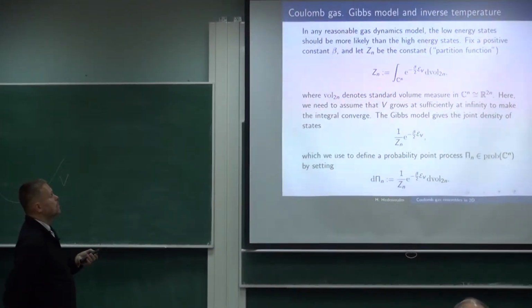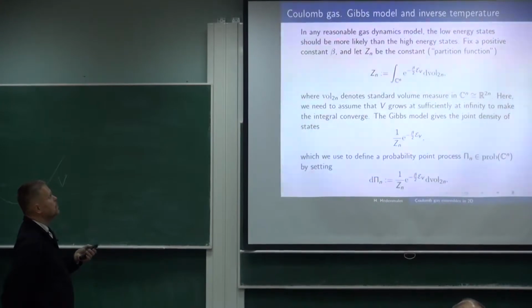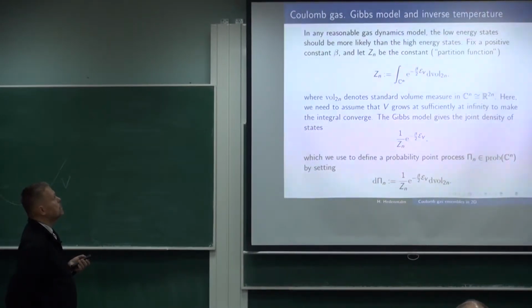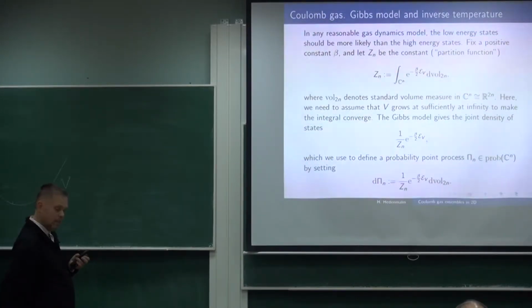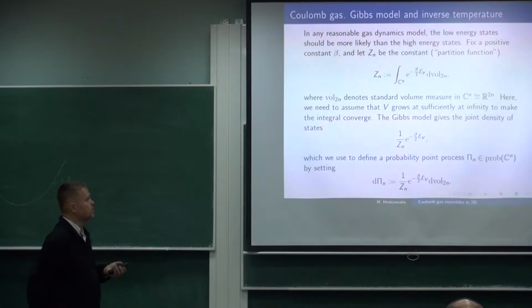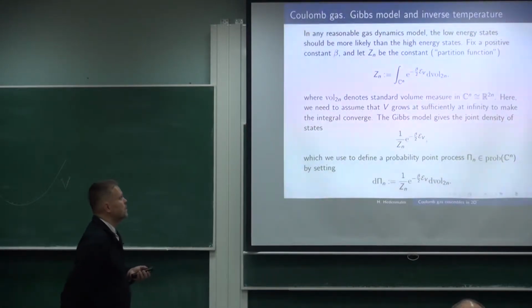Okay, so we need to understand the way to tell which configurations are more likely. We want to make sure that the low energy states are more likely than the high energy states, and there is a physical model called the Gibbs model, which approximates rather well the general quantum situation.